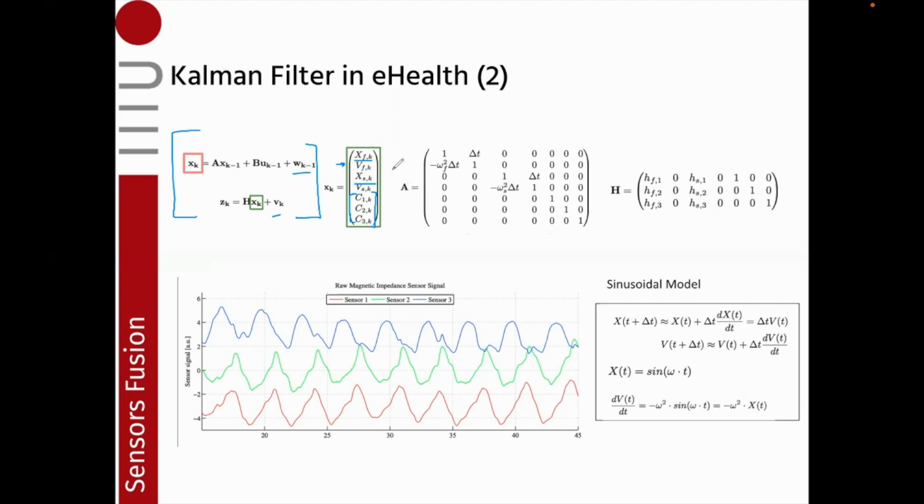Once we define our state, let's define now the observation, so what we can actually measure from the system. The observation, which in this case is represented by the letter zeta, is the induction signal measured with the induction sensor, here in a time series representation.